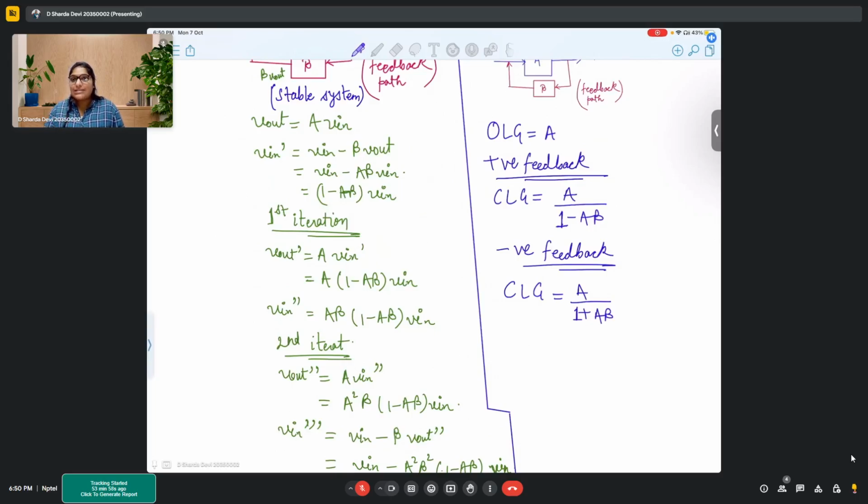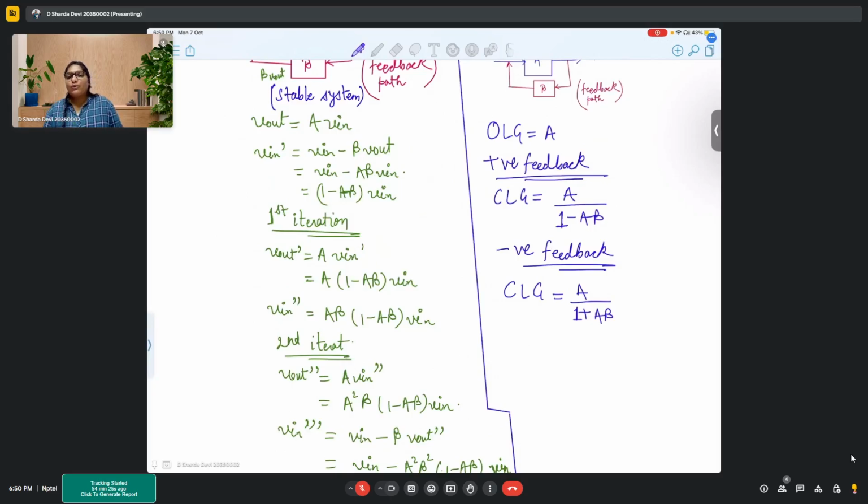So the question arises, why do you want to reduce your gain, right? You already have a system. Why do you want to reduce the gain of your system? Let's say I have an amplifier. That amplifier has a gain of 1000 dB. So it's very good for me, right? It will amplify small signals to a very large range. Correct.